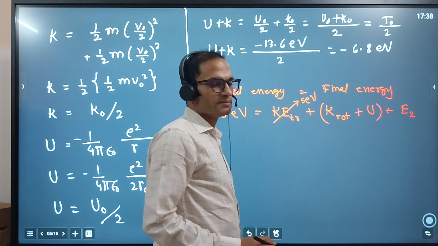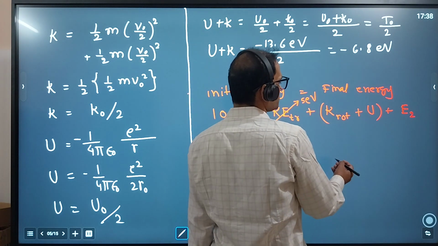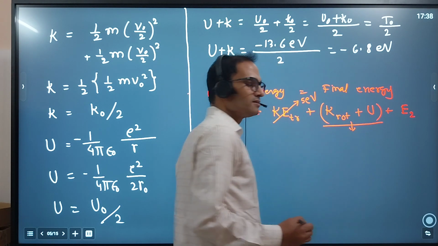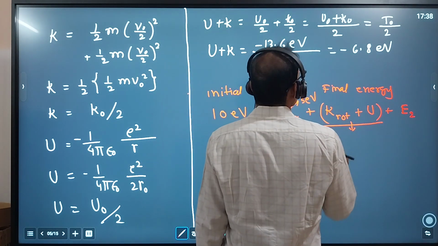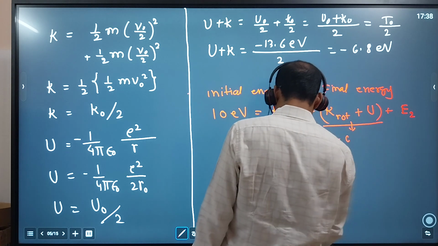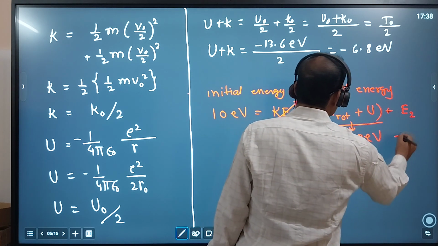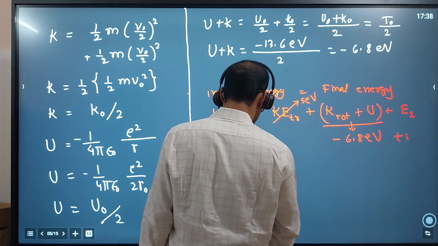This part is phi BB, and we have some rotational energy also, and electrostatic potential energy also. Some of those energy we just found, minus 6.8 eV. And E2 we have to find.